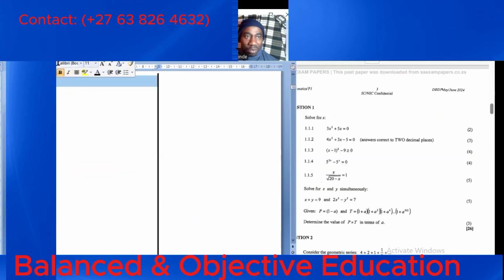And in that question 1.4, they want us to solve this exponential equation. To solve this exponential equation successfully, you would have to look for the term with the lower exponent. In this equation, we have two terms, 5 exponent 2x and -5 exponent x.